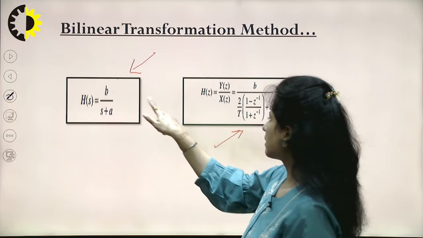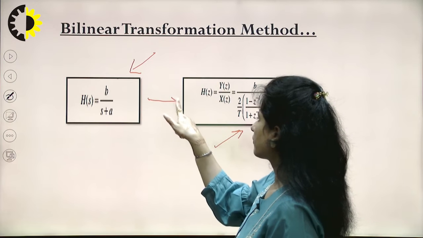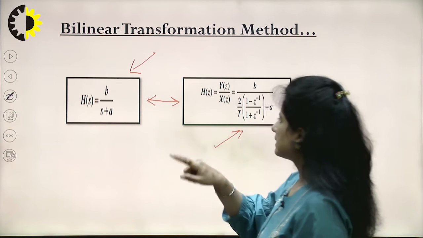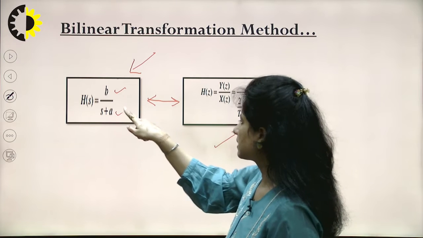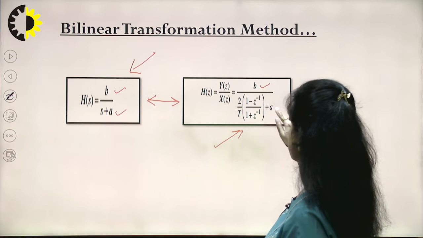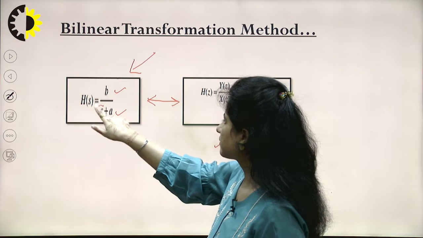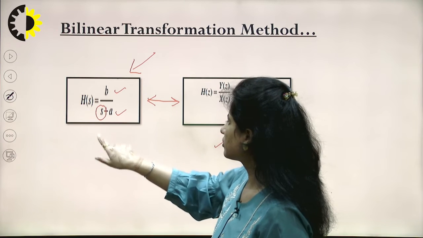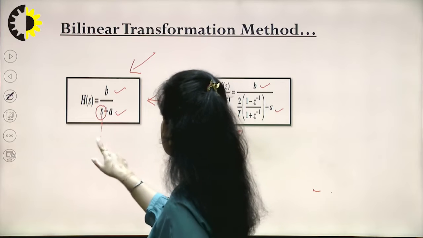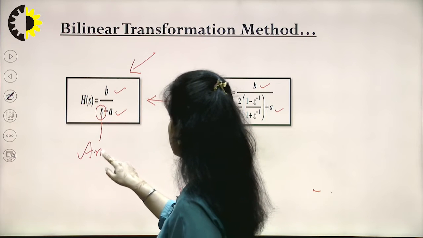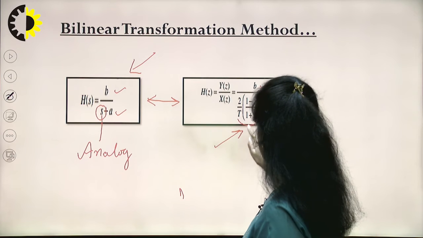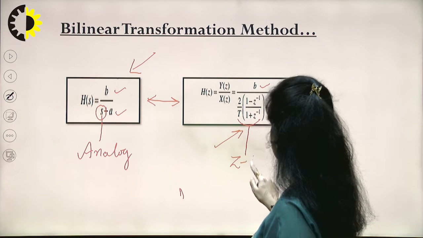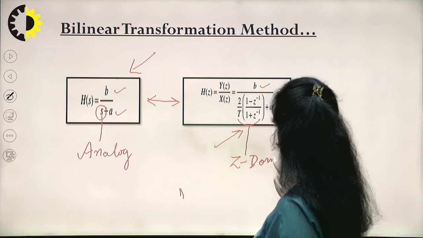So we need to compare these two equations, the step 1 and the last obtained step. The numerators are same. This part of the denominator is similar. So I can see that this factor s in the analog domain and this factor which I have obtained in my z domain are mapping towards each other.